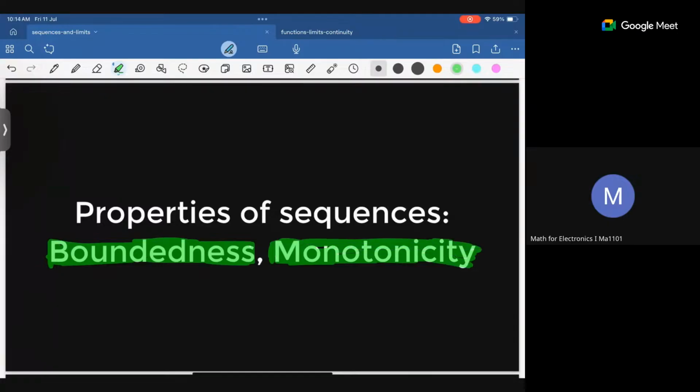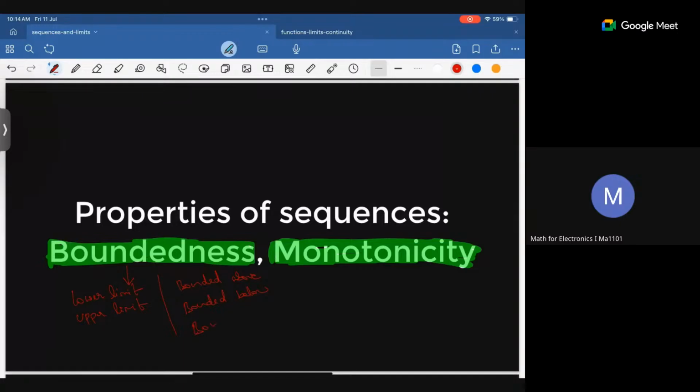So when I say boundedness, we are going to compute the lower limit, right? Upper limit. So all these things come here. Then we talk about bounded above, bounded below, right?